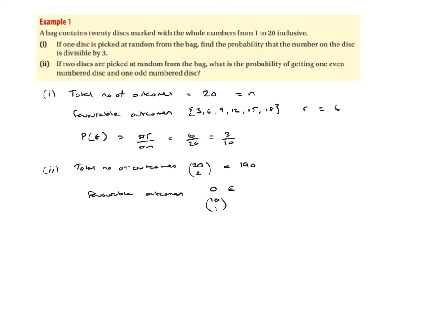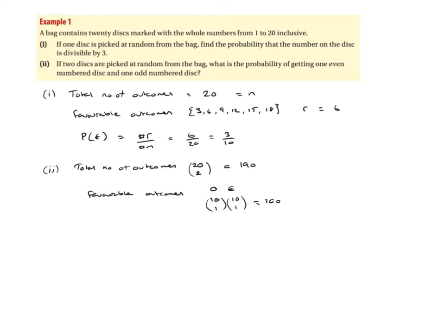We also have 10 even numbers and we want to choose one of them as well. As I said before, this adds up to 20, and we are choosing 2, which makes sense. So odd, 10 choose 1, even, 10 choose 1, and that will turn out to be 10 times 10, which is equal to 100 different ways of this happening.